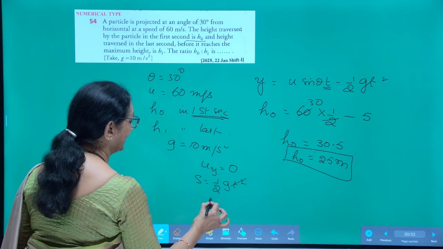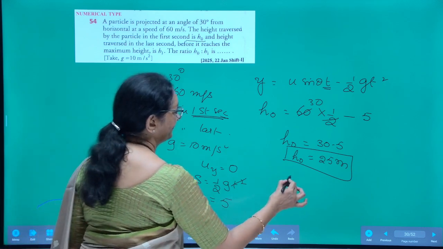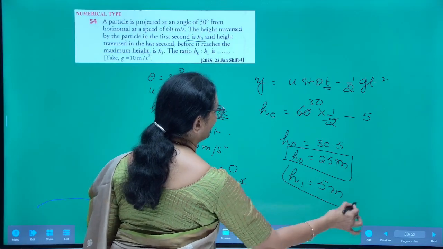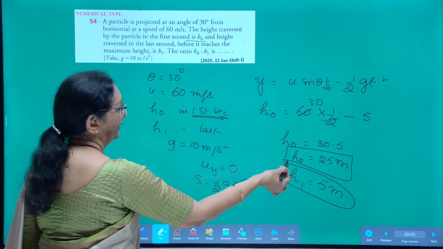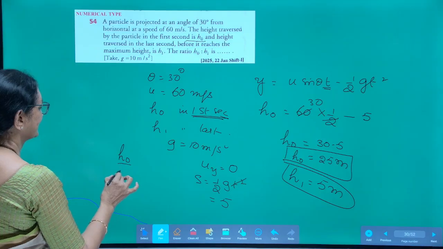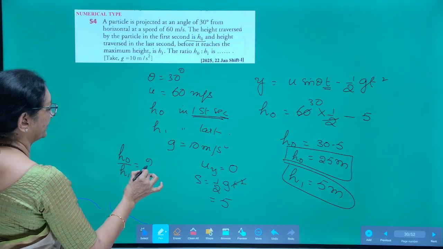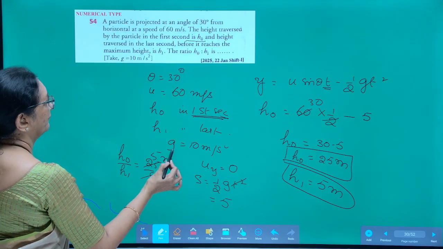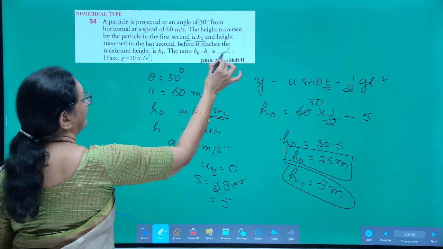If t is 1, displacement is 5. So, h1 is 5 meters straight away. You are asked to find the ratio h0 by h1. What will be its value? h0 by h1 is equal to 25 by 5. It is 5. Ratio is 5.